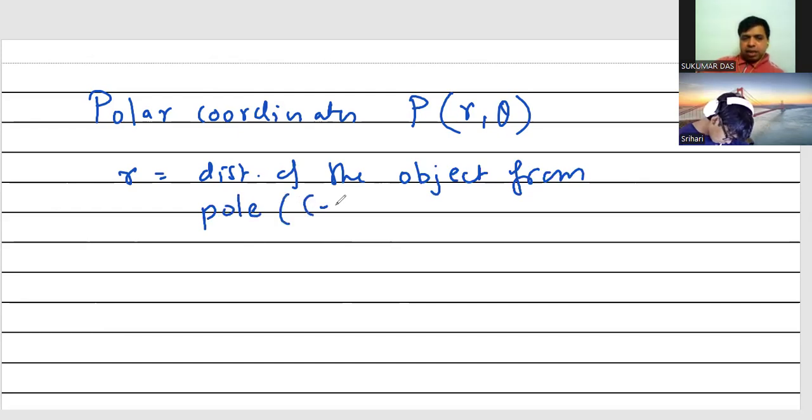Pole is the center of the polar coordinate system. It is equivalent to the origin of the rectangular coordinate system.